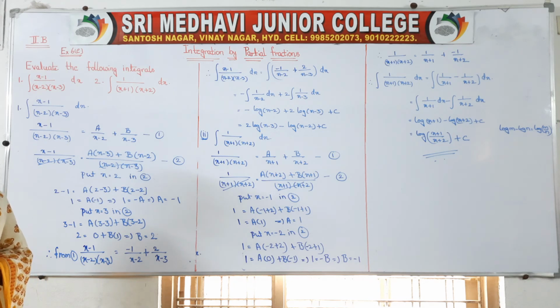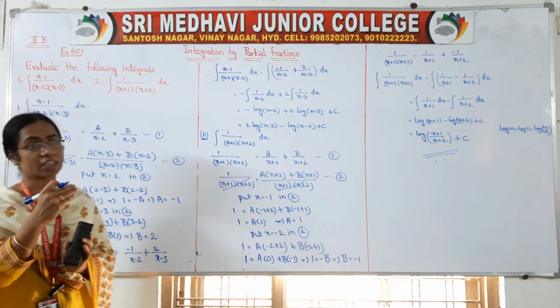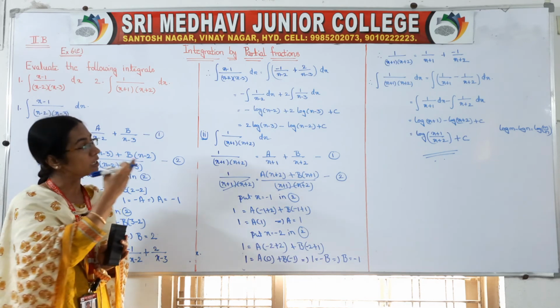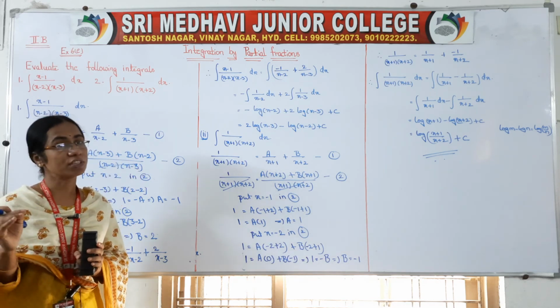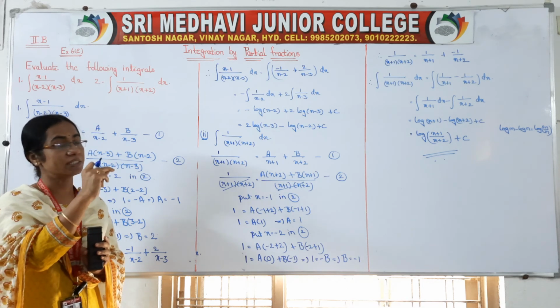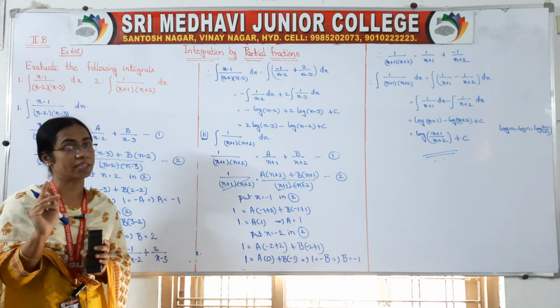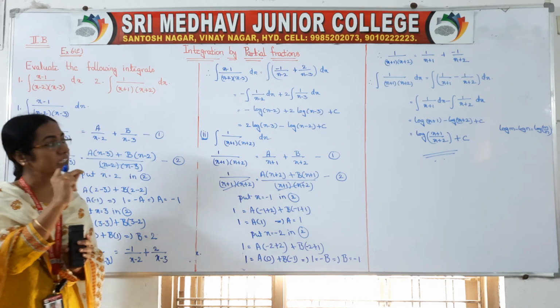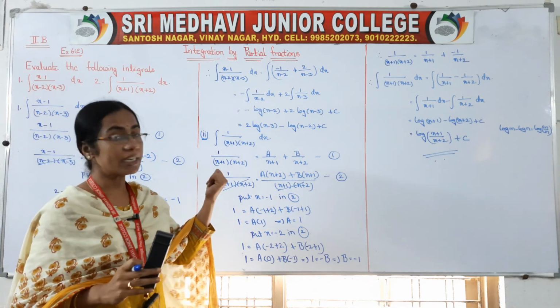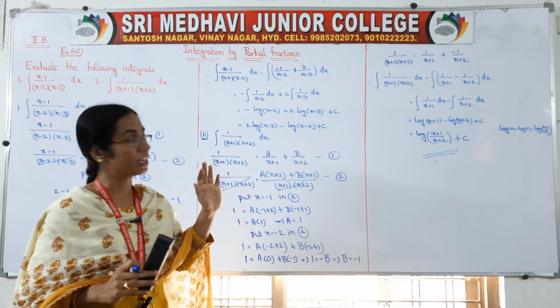Once they are resolved into fractions, you apply the integral. Definitely it will come into some standard integral formula form and you can get your answer. After the completion of your answer, you have to write plus C. Remember, after completing all the integration, we have to write plus C in each and every problem.